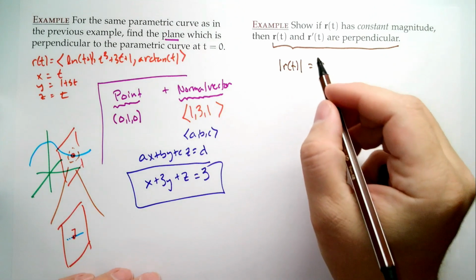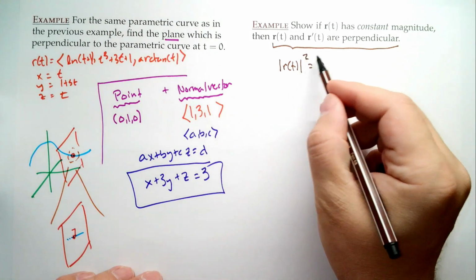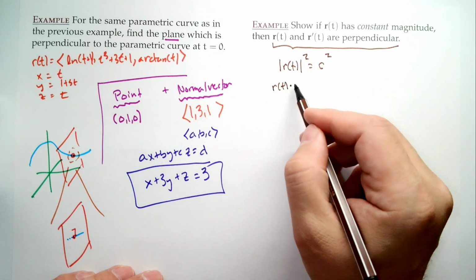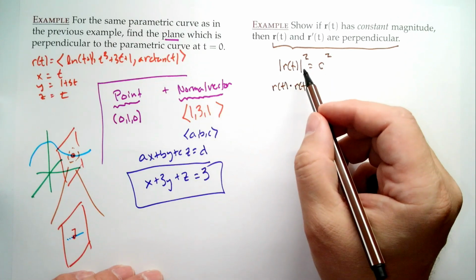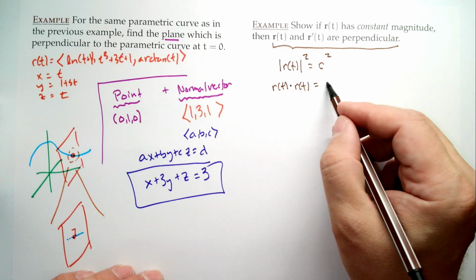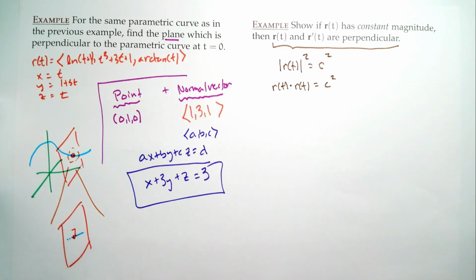Yeah, so there's this cool fact. If I were to square both sides, I would get that r of t dot r of t is the magnitude of r of t squared, and that's equal to a constant squared. Now here's another fun fact. If two things are equal, what's true about their derivatives? They're equal. So let's take the derivative of both sides.